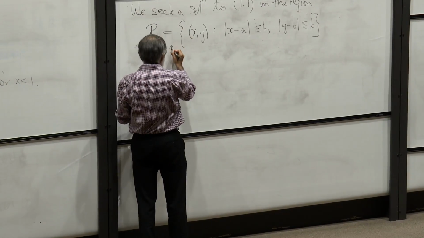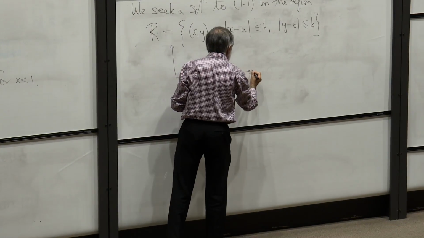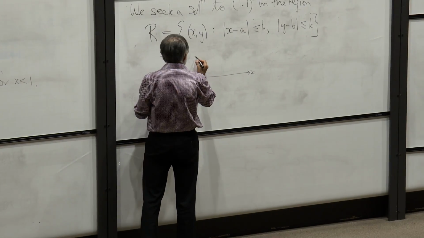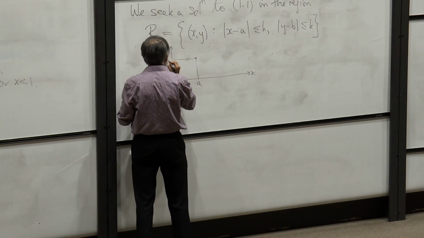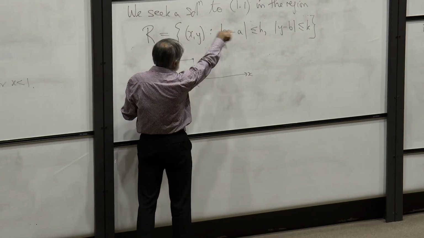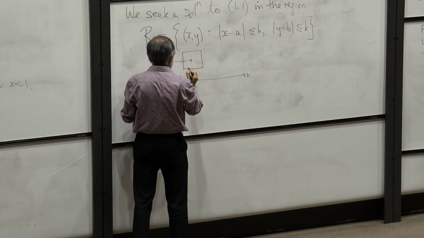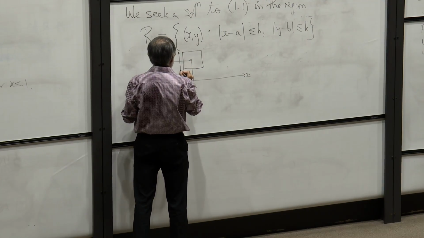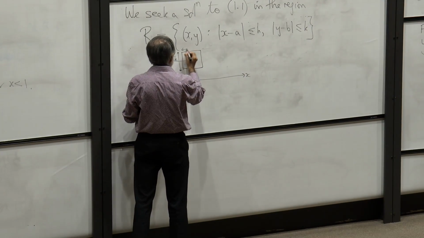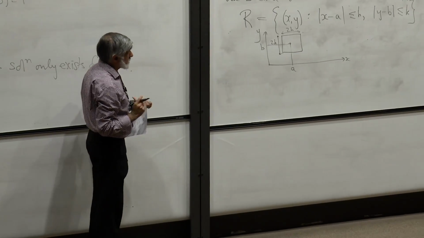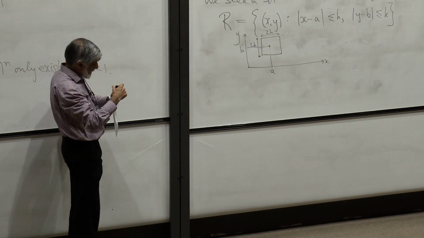So let's just draw this. Here's a, here's b, and then this region, roughly speaking, something like this, where this is 2k, and this is 2h. That's that region. Should say h and k are obviously bigger than 0.